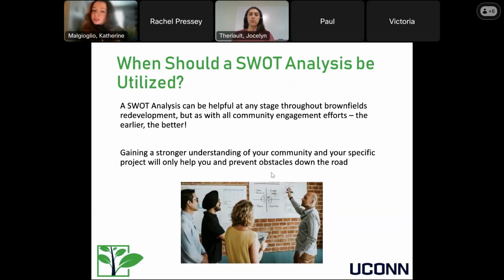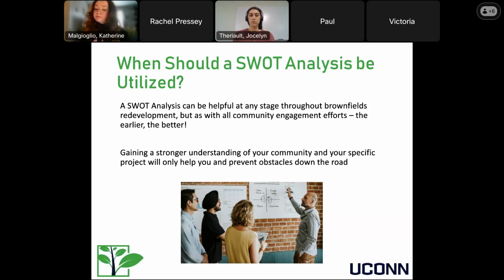So when should a SWOT analysis be utilized? A SWOT analysis can be useful at any point. We actually got a question at another presentation we were giving last week. Someone asked if TAB's engagement and outreach services were only for communities applying for the cleanup grant or in the cleanup and redevelopment part of the process.